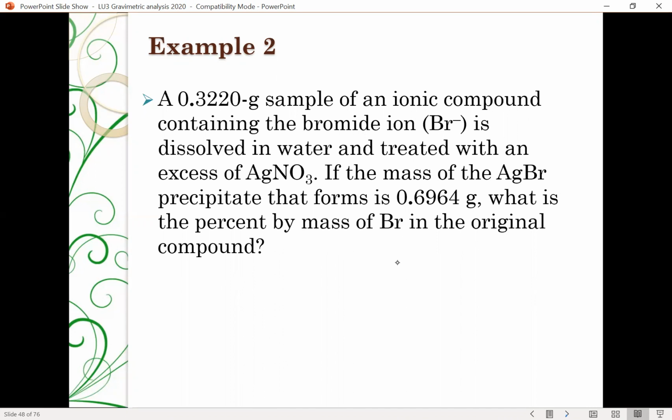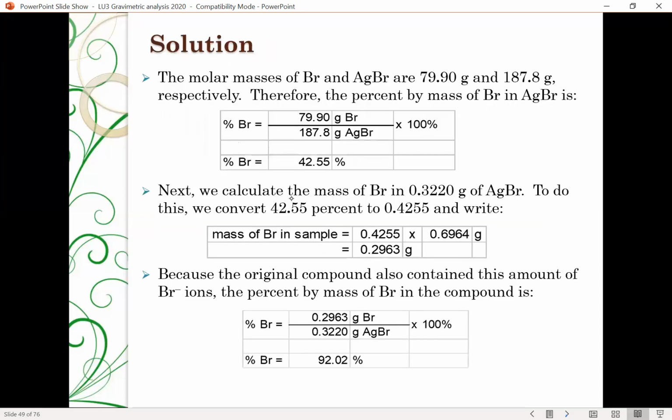This question is quite the same, because when we do precipitation gravimetry, the trend of the calculation is also the same, with the same steps. Now you have two pieces of information, the mass of your sample and the mass of your precipitate, but what you want to calculate is the mass of Br in the original compound.